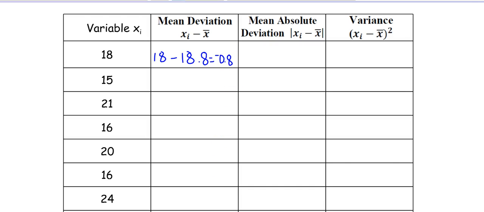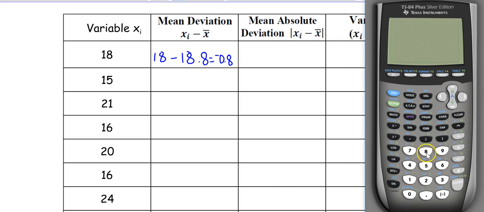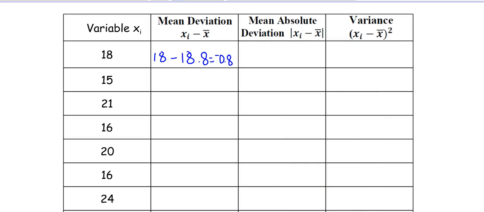Similarly, 15 minus 18.8 is negative 3.8. 21 minus 18.8 is 2.2.